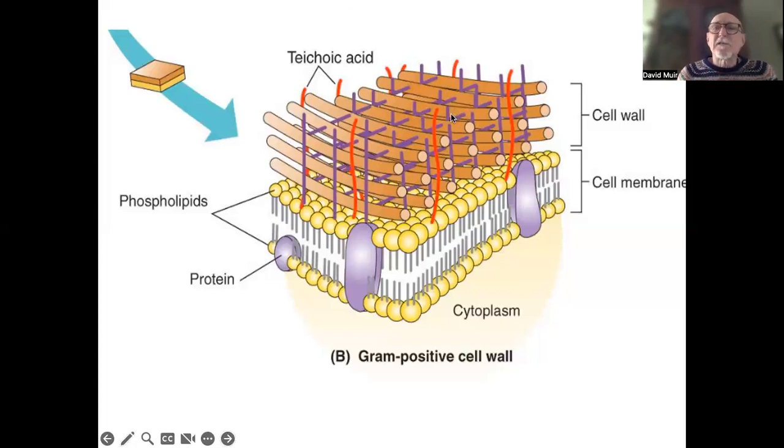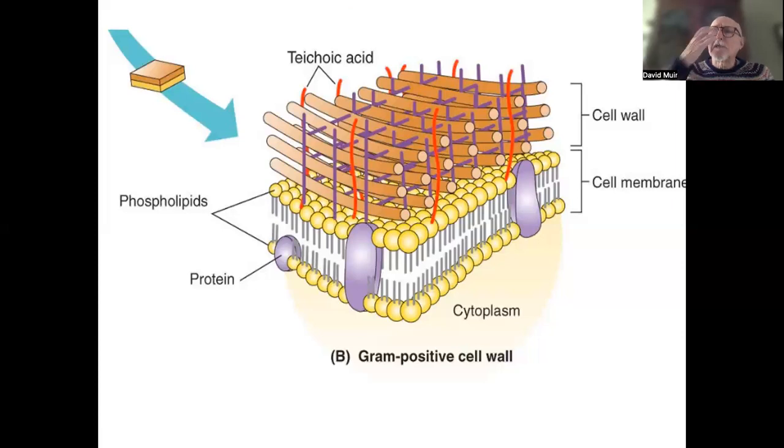The cell wall is not going to stop the passage or regulate the passage of any substances. It's a very, very porous, open structure. But this is the gram-positive cell wall, very thick. There's only one membrane that we see here, the cell membrane, and the presence of teichoic acid is another diagnostic feature for the gram-positives.